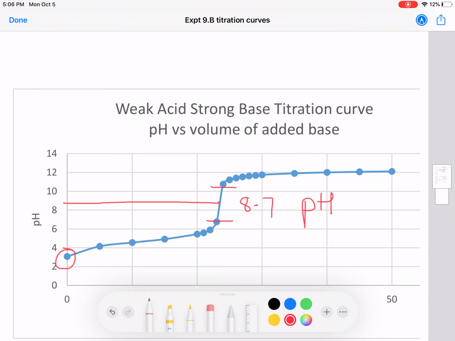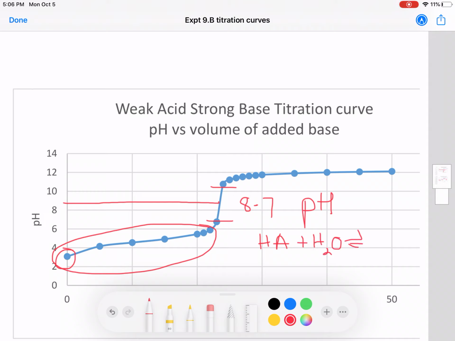And you also need to find out the pKa of the solution. Now you see this area here, since we have a weak acid, that is the buffer region. What is the buffer region? Now let's say we have acetic acid, HA. I'm going to represent our acetic acid as HA, with water.